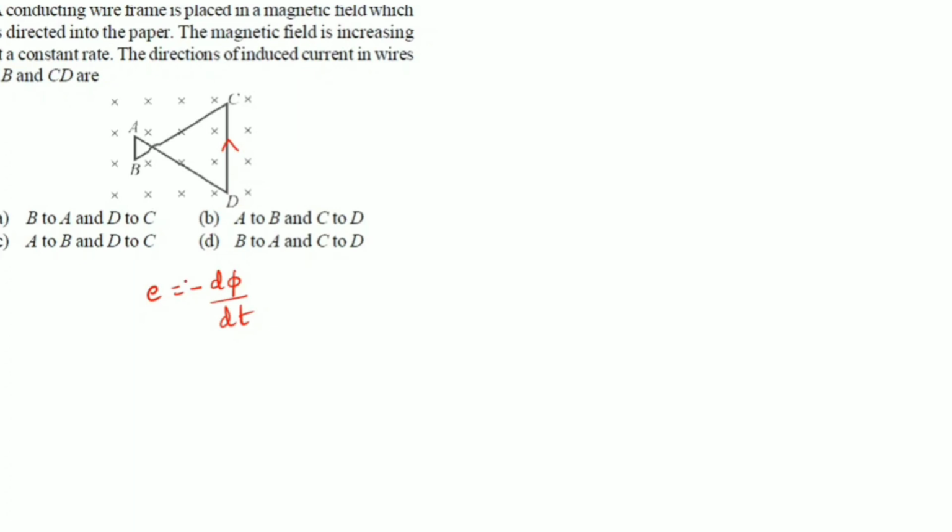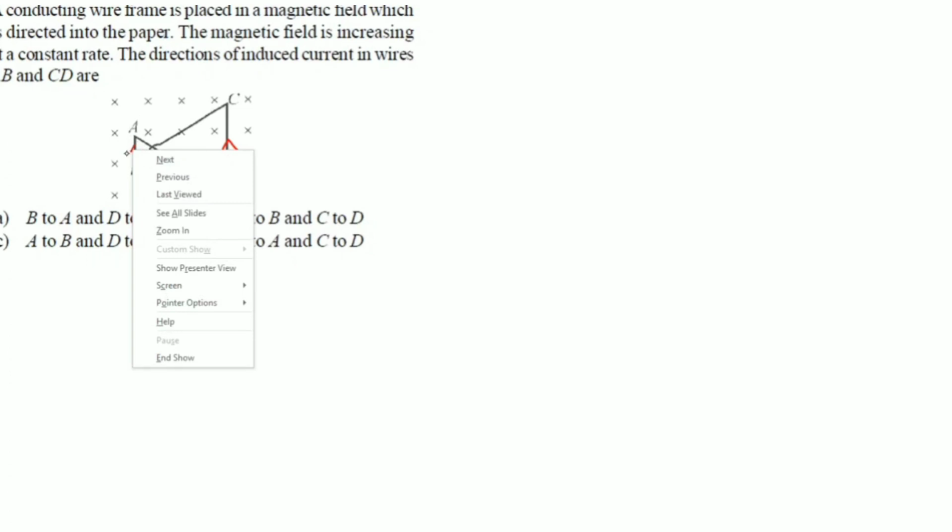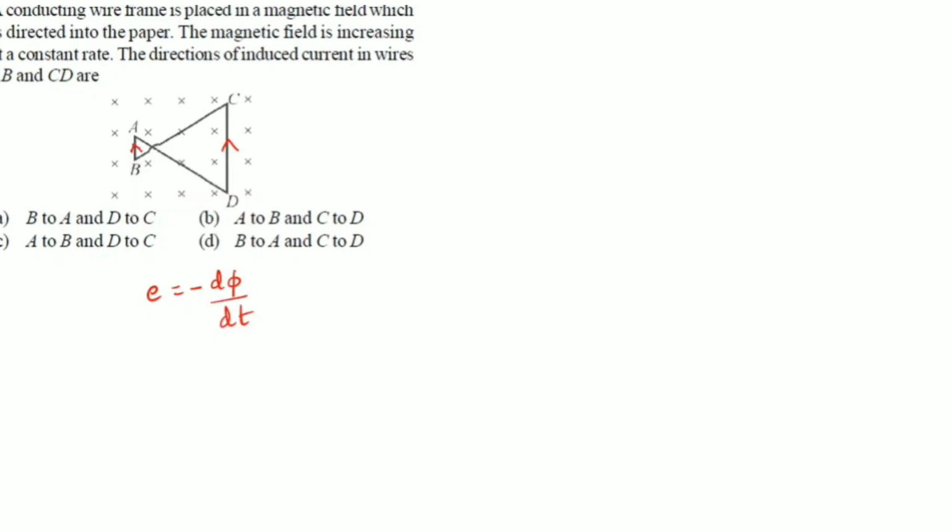That gives the polarity of induced EMF. Similarly, in the smaller loop AB, it is also produced in the opposite direction. The direction of induced EMF in the wires AB and CD is always in the opposite direction according to Faraday's second law, or we can consider Lenz's law.